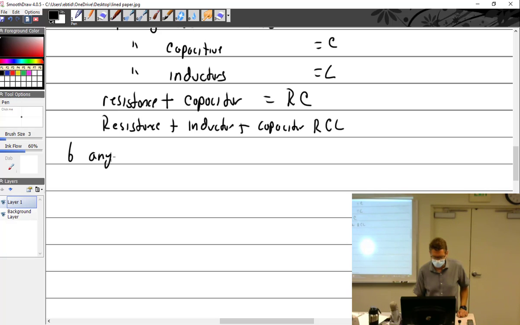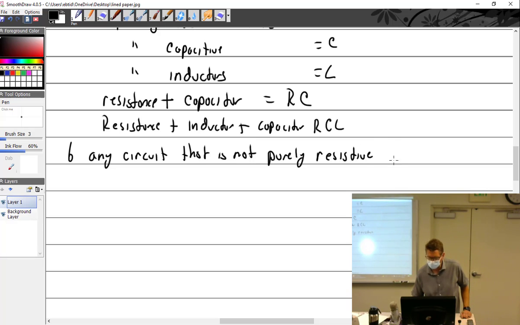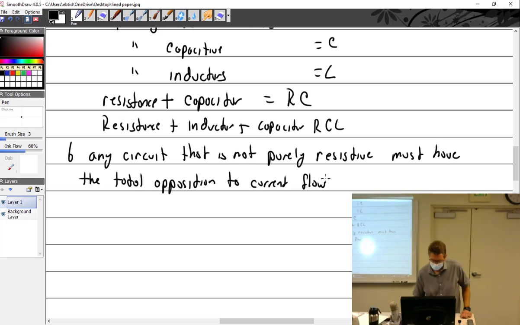So any circuit that is not purely resistive must have this total opposition to current flow calculated, and that's where we come up with impedance.